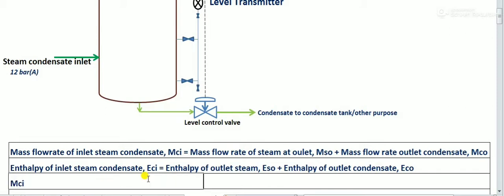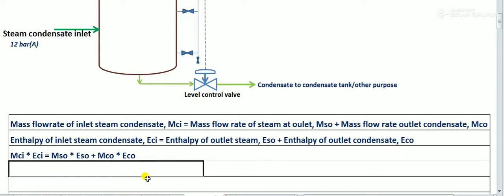That means we get MCI into ECI, which is equal to MSO into ESO plus MCO into ECO. We want a single unknown value, that is the steam outlet only.